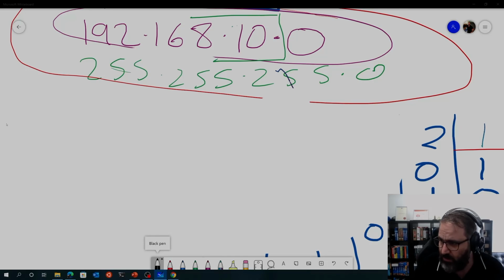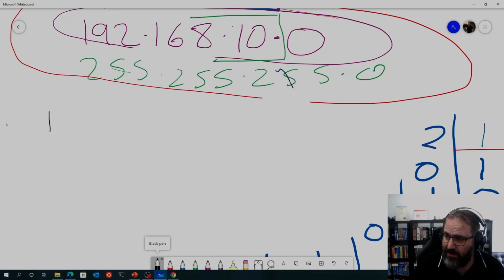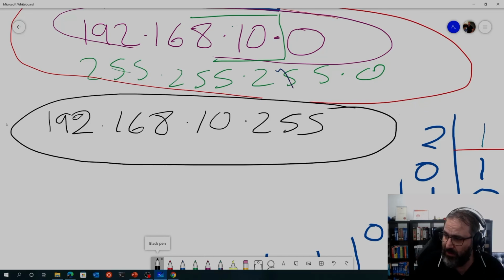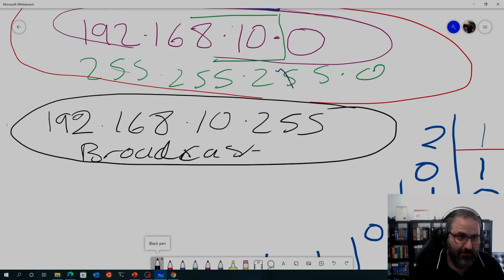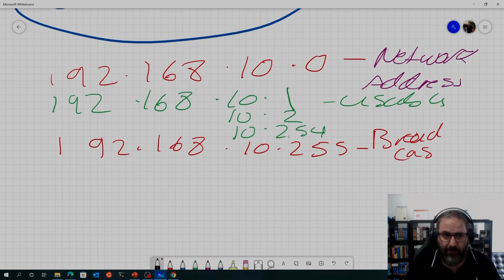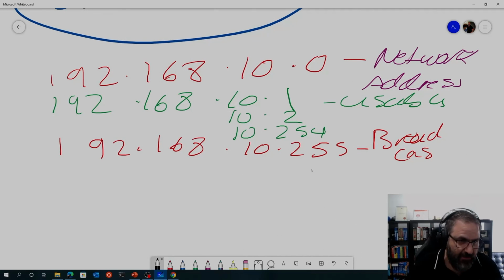In this scenario, I'm going to send a message to this IP address, 192.168.10.255. If I send it to this broadcast address, everyone in the network will receive it. So that's a broadcast address, and that's why I can't use it. It's reserved for the IP address that receives all the broadcast. The network address, and these are the usable.